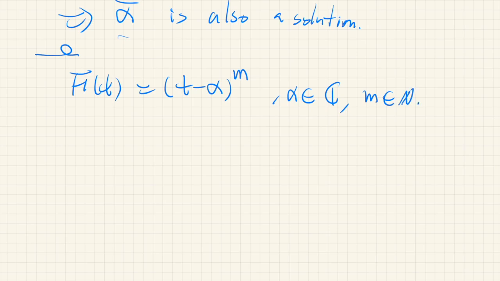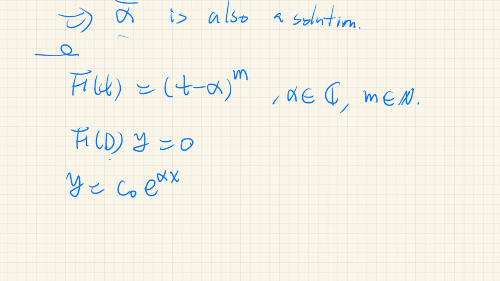Okay, and the solution of this differential equation, where D is a differential operator, is given by this form: c_0 e^(alpha x) plus c_1 x e^(alpha x) and so on, and c_(m-1) x^(m-1) e^(alpha x).